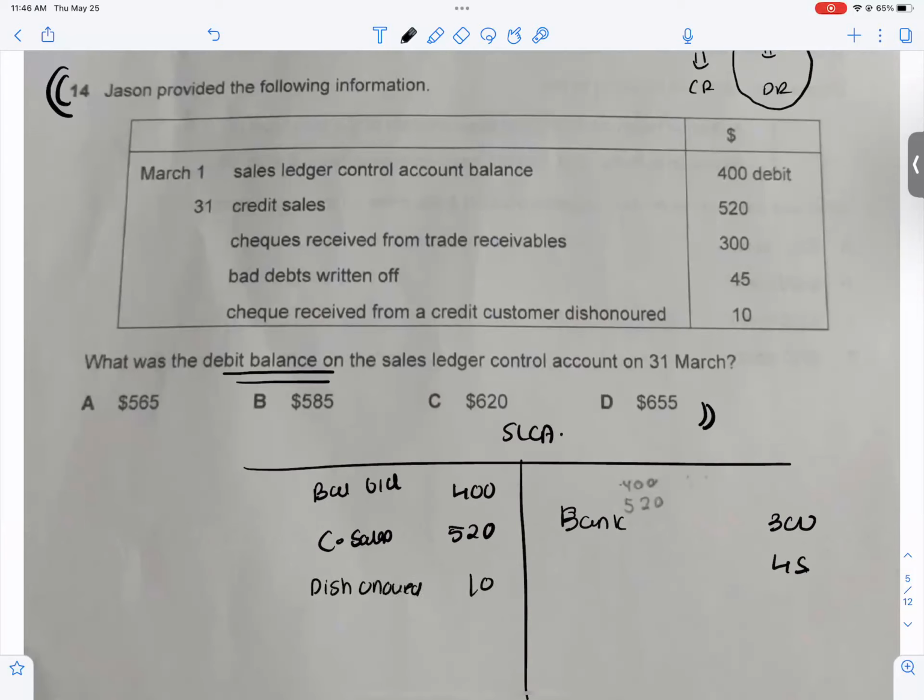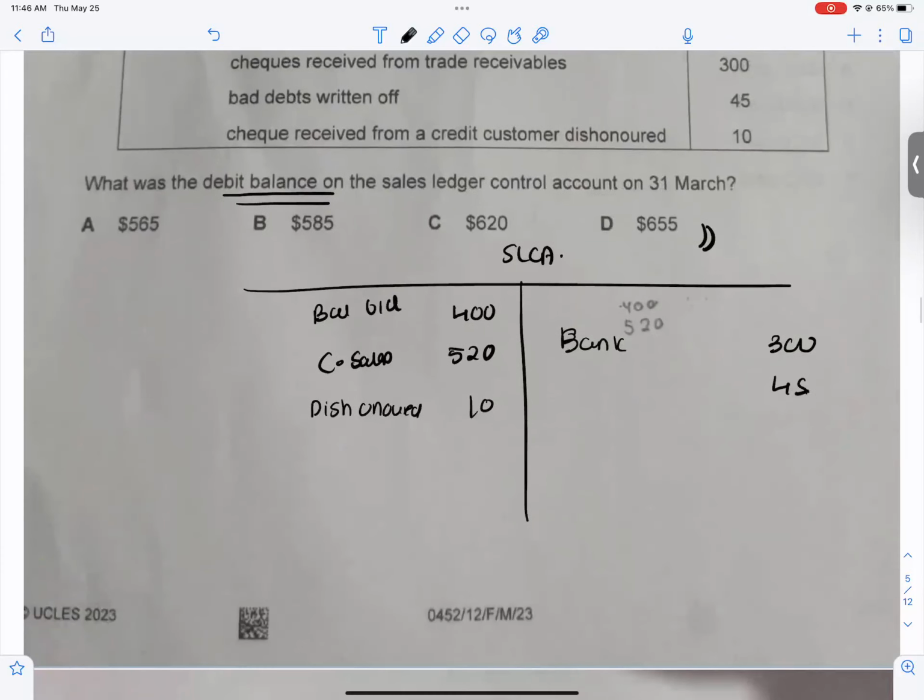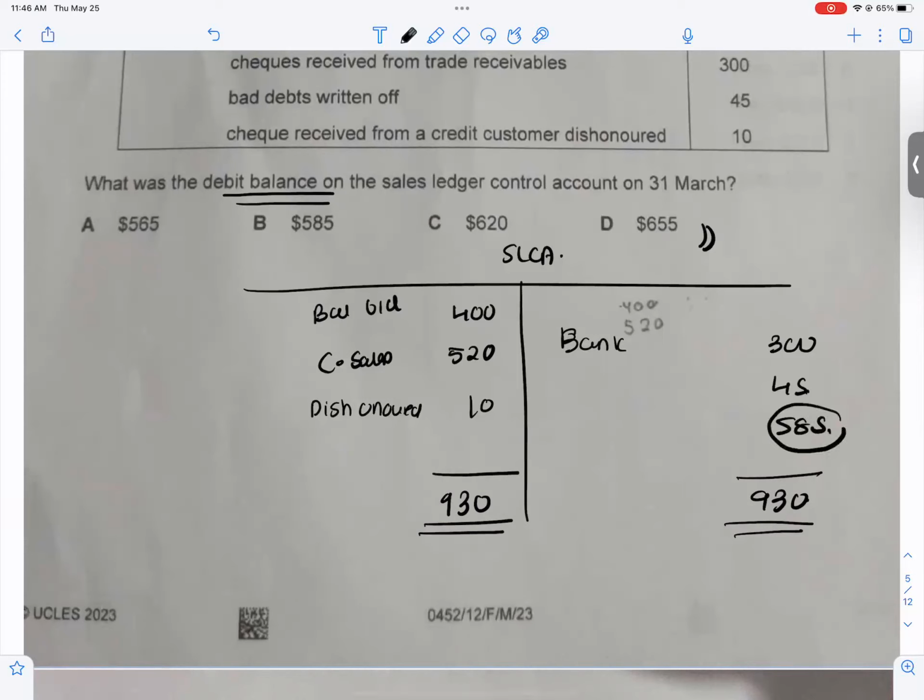And I'll tell you the total because the debit side is more. 930 is the total. And the balance carried down is 585. And then the next day the balance brought down is 585. Got this.